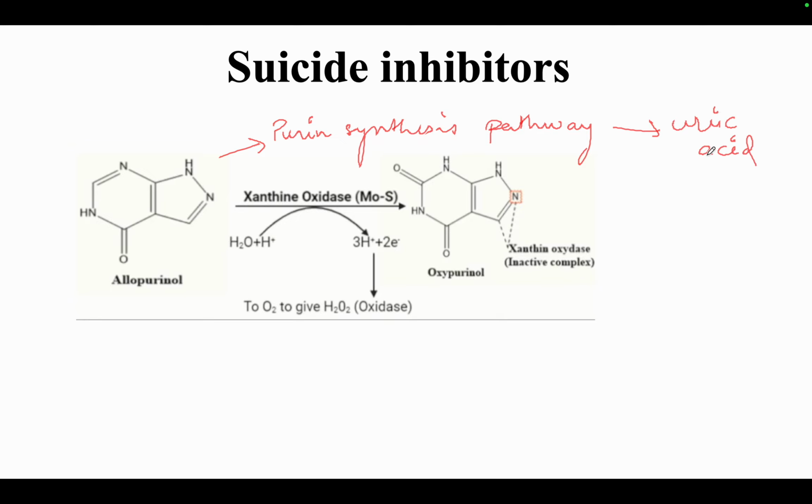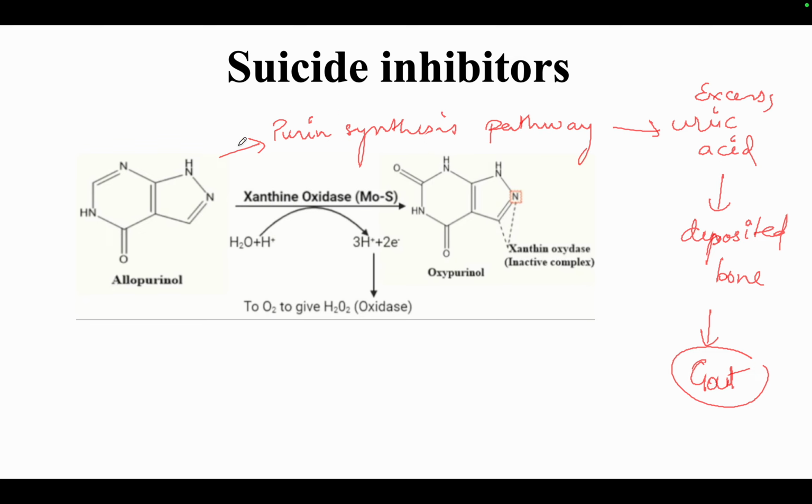This uric acid gets deposited in the bones. Excess of uric acid can get deposited in the bones, which leads to gout. So gout is a disease which is caused by uric acid deposition in the bones.